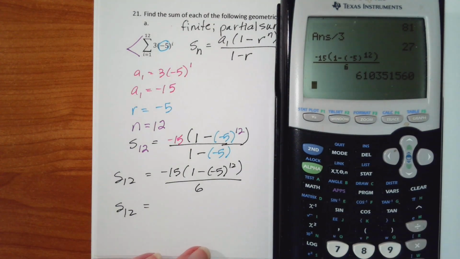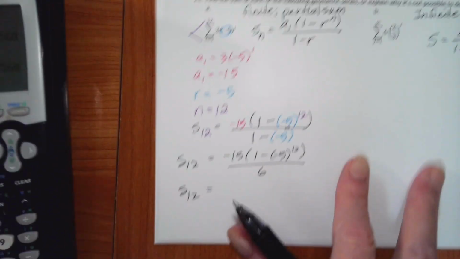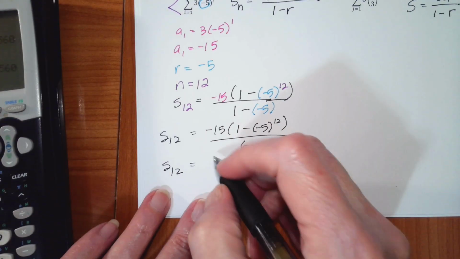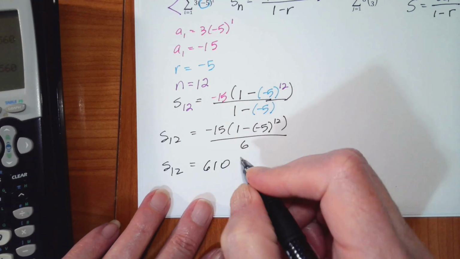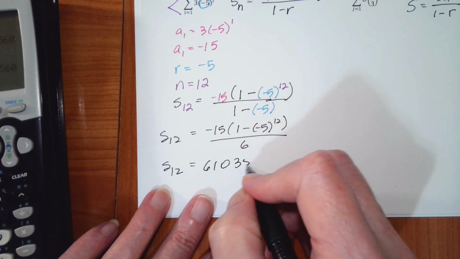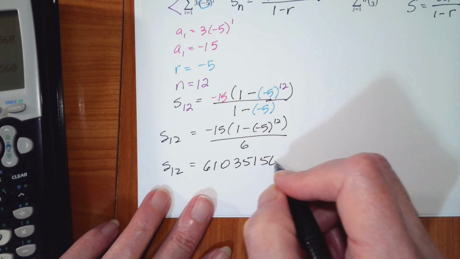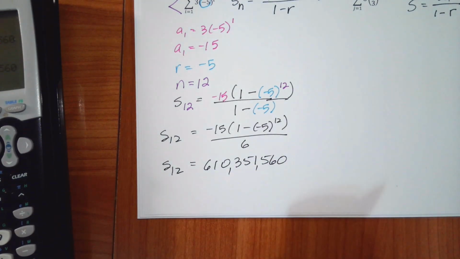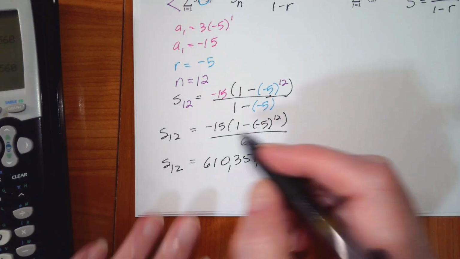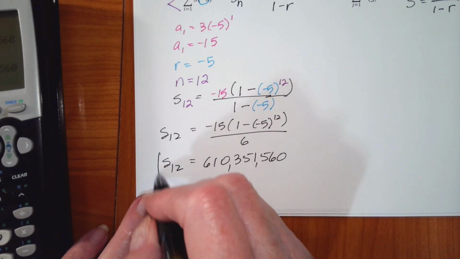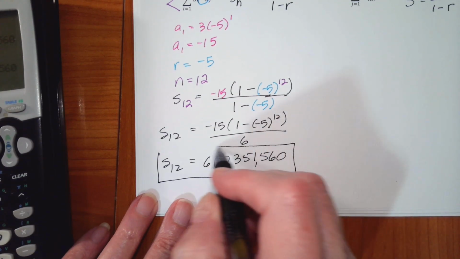And it is a big one. Okay, so I'm gonna move this out of the way so I can write it down and put commas in. 610,351,560. And that's what your answer is. So that's the partial sum.